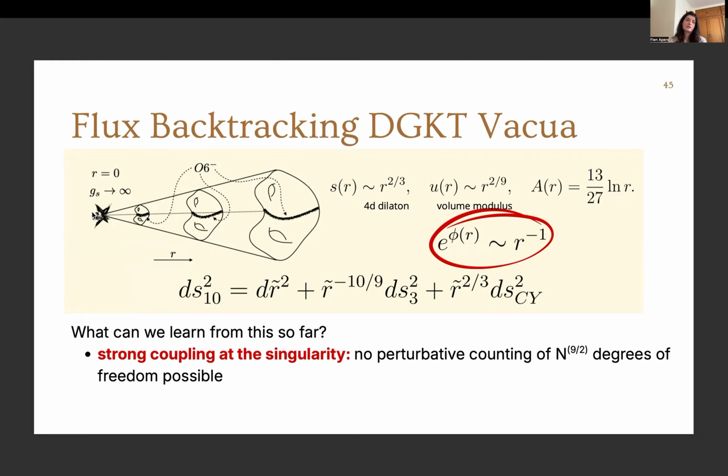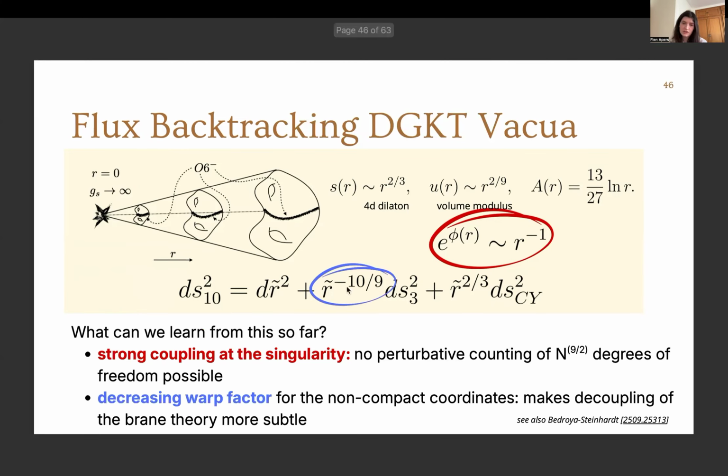But this is not possible anyway because we get a strong coupling at the singularity. Another scaling which might be interesting is the scaling for the non-compact coordinates. It also blows up at the singularity. It could have some interesting consequences, and definitely makes the potential decoupling of the D4-branes from the bulk more subtle. Okay, so this is for the DGKT vacua.